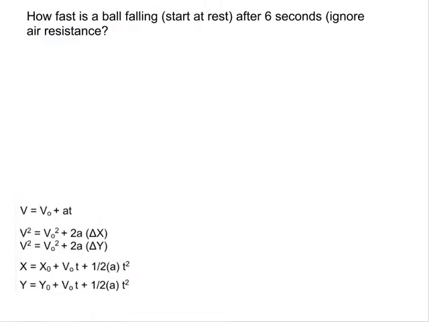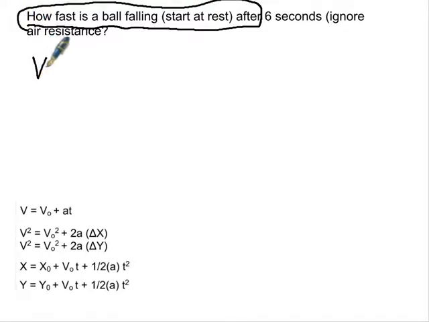So, if we look at a math problem, we have these formulas here. How fast is a ball falling after 6 seconds? That means we want to find our final velocity as our question. We know the time equals 6 seconds.